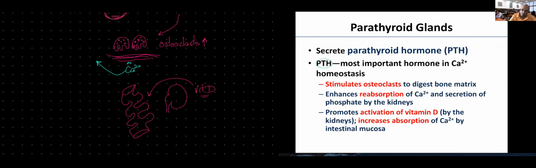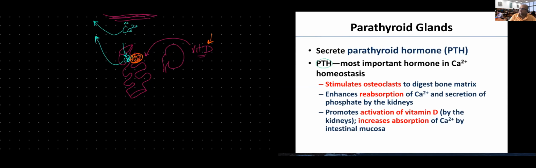So if I'm eating food with high calcium and I don't have vitamin D, this calcium won't be able to get absorbed into my bloodstream. So in order for it to be absorbed, it needs to have activated vitamin D to allow its absorption. And the PTH here is activating vitamin D in the kidney, and this gonna be allowing the calcium to travel from your small intestine to your blood, and this is gonna increase your blood calcium level back to normal.